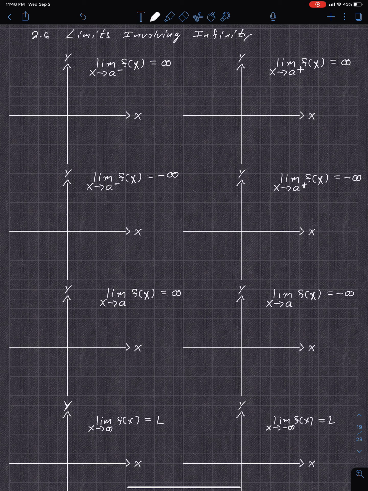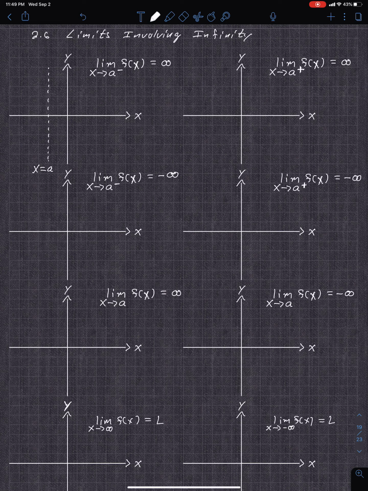Those are all defining vertical asymptotes for the function. They're just different cases. So this would be like x equals a right here.